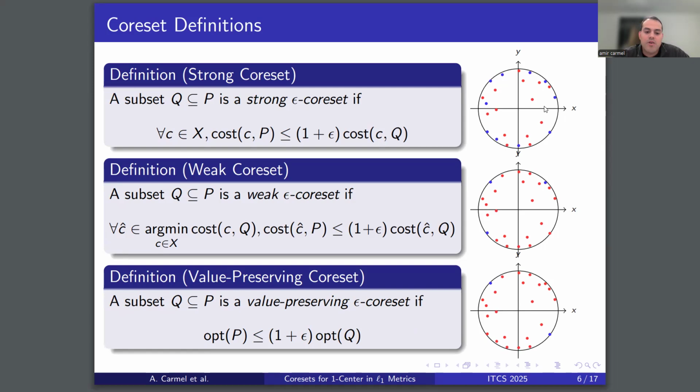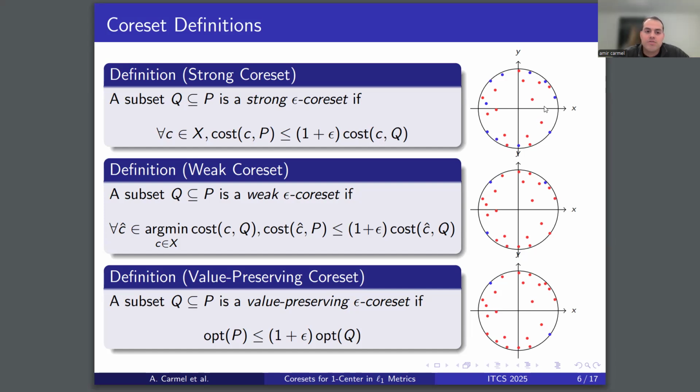So we have that the coreset is such that the optimum value of Q is at most 1 plus epsilon times the optimal value of P. So in this example, we can just take 2 points, and maybe the center is not optimal, but the radius to enclose these 2 points is very close to the radius that is needed for the set P.